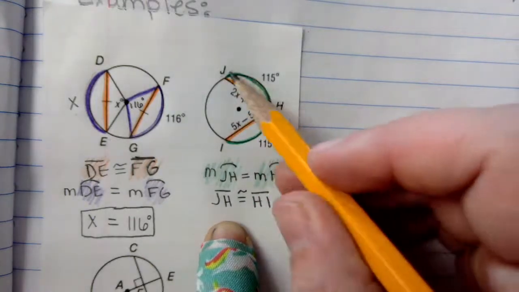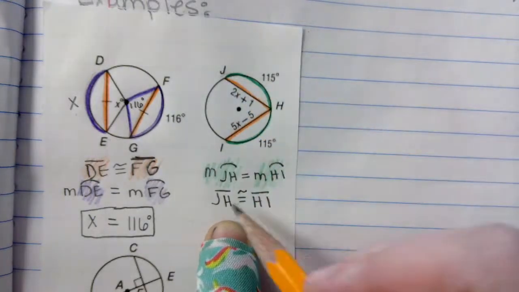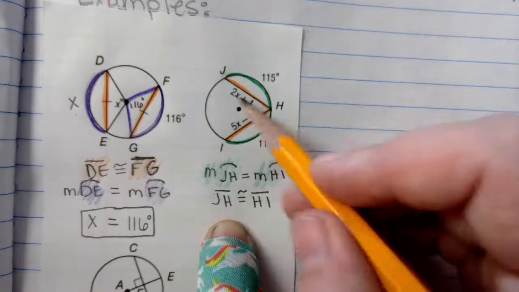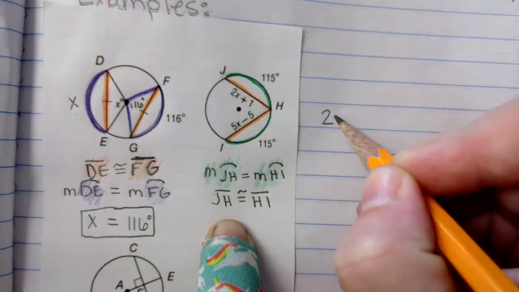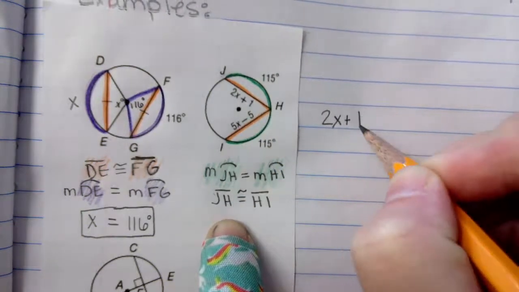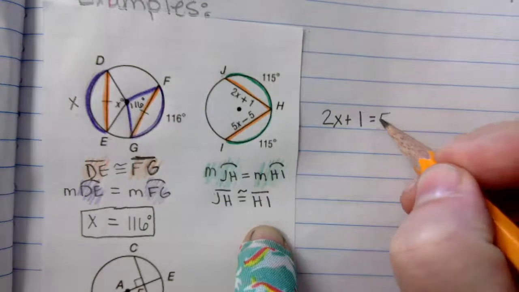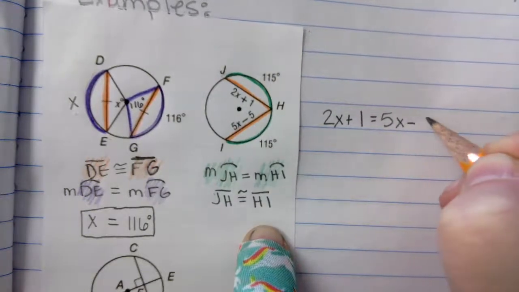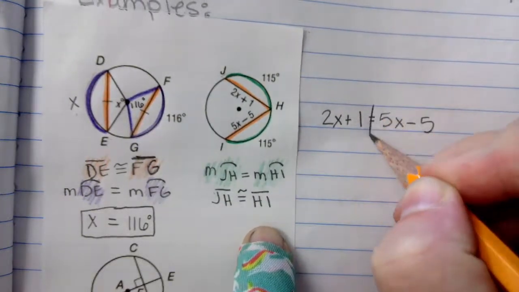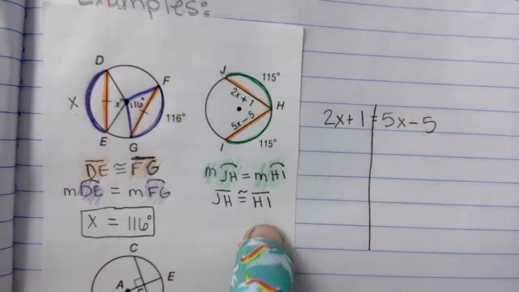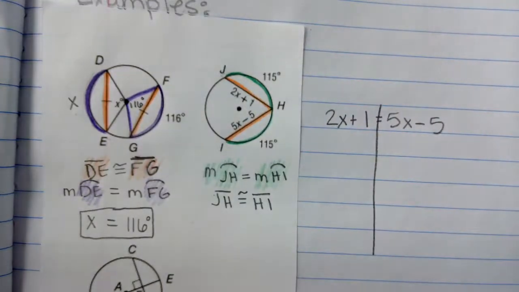I can think what's 5 minus 2? 3. And then it's a smaller number minus a bigger number, so negative. So negative 3x plus 1 equals, and what am I left with on this side? Yep, the 5 x's are gone, so just the negative 5. Now we're at that nice cozy two-step equation.